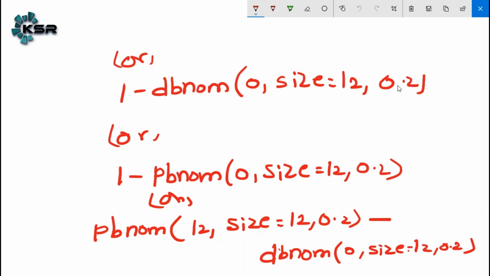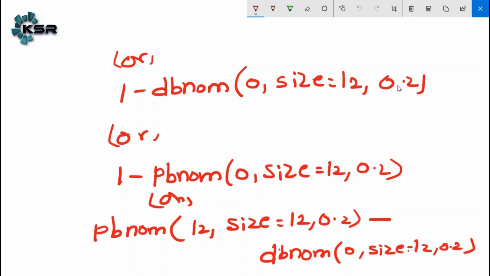Two questions correct, 3 questions correct, 4 correct, 5 correct. Sorry, two correct answers I want. Now we are calculating at least one correct answer, I'm not saying only one correct answer. I need at least two correct answers.